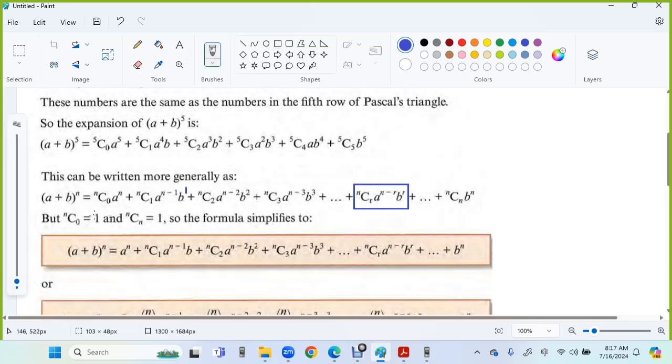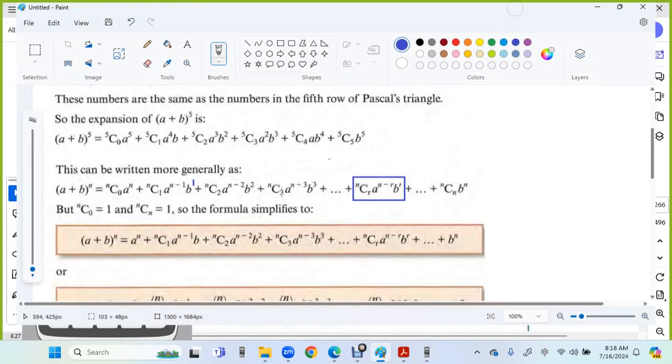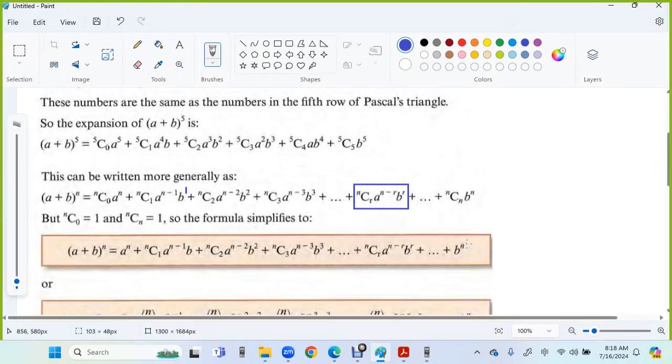But nC0 is 1 and nCn is also 1. So for any number, like 5C5 is 1 and 5C0 is also 1, 15C0 is also 1, and 15C15 is also 1. So they simplify it until this.